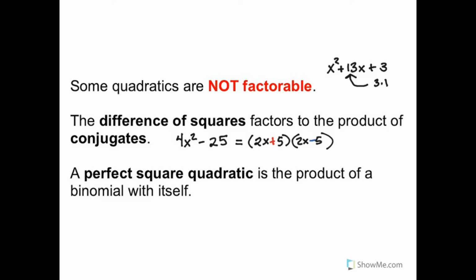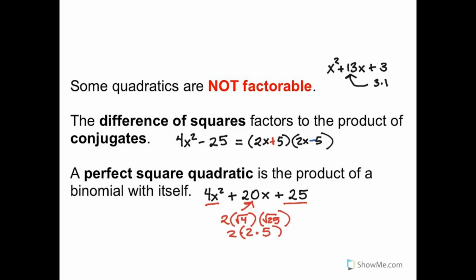Those are called conjugates, and that's how you factor the difference of squares. And finally, we learned to recognize a perfect square quadratic. It has the first and last terms as perfect squares, and it has the right middle term. The middle term needs to be twice the product of the square roots of the first and last. In that case, it factors. This one is 2x plus 5, the quantity squared.